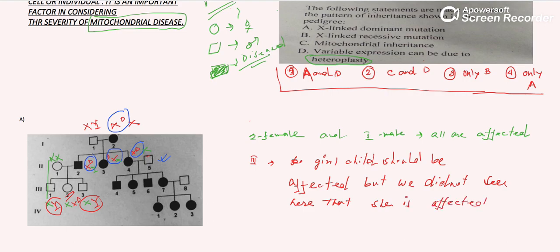So as per our discussion, we can easily say that it is not an X-linked disease. So an X-linked mutation cannot be true, and option A is discarded.